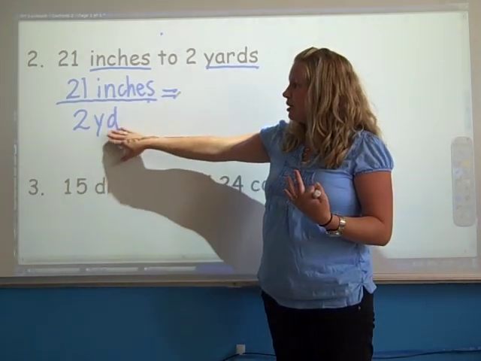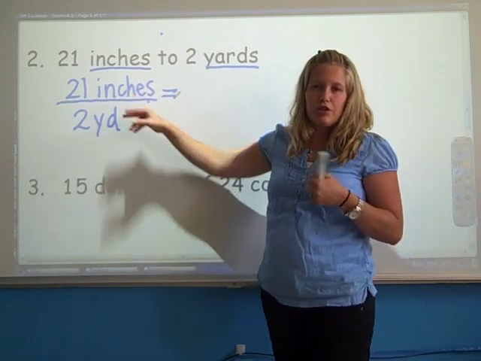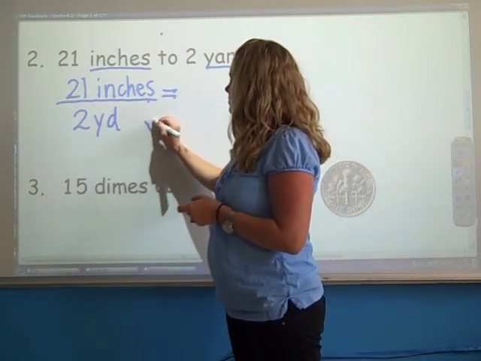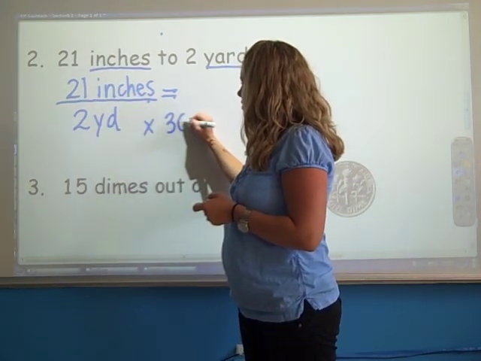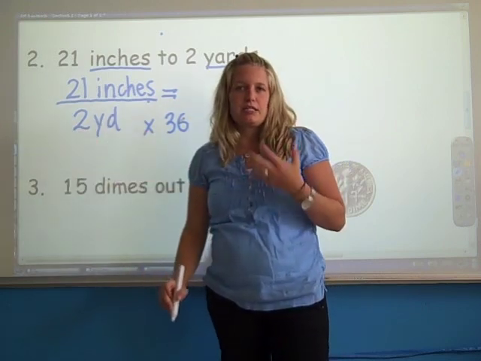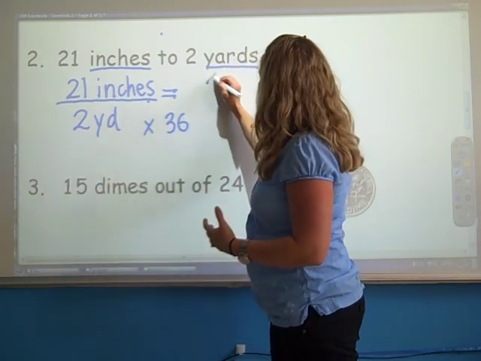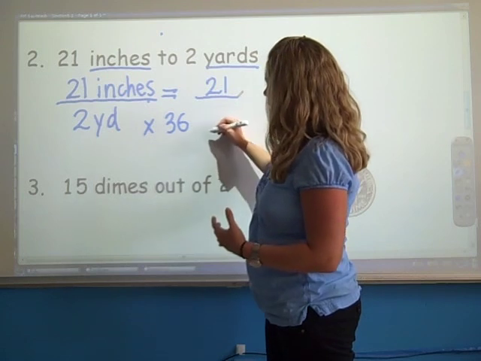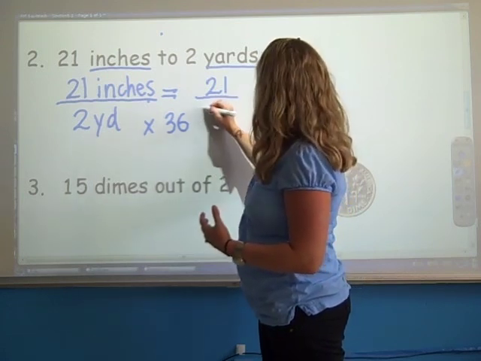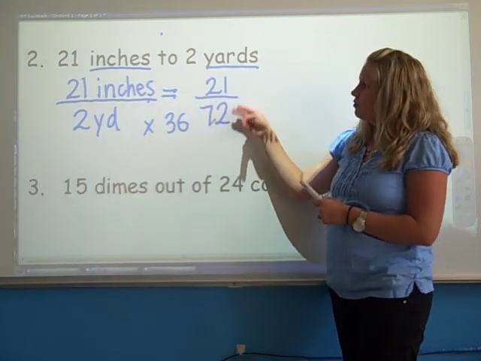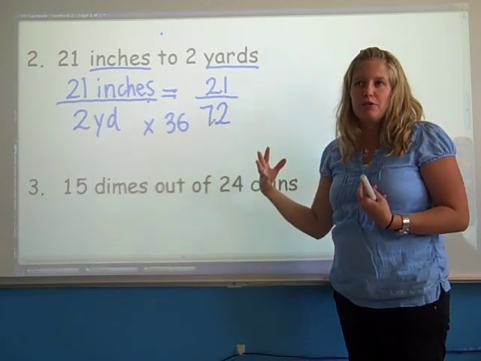I'm going to change my yards to inches. I know that there's 36 inches in each yard, so I'm going to multiply 2 times 36. So I keep my 21. 2 times 36 is 72. I don't write inches anymore because now they're the same units.